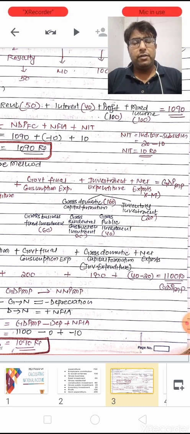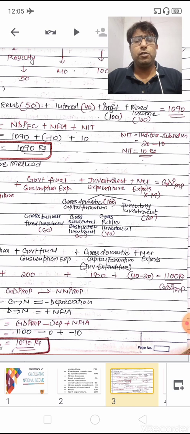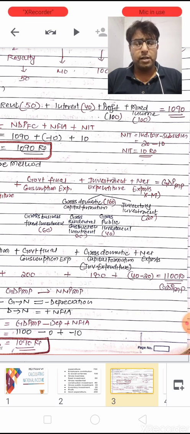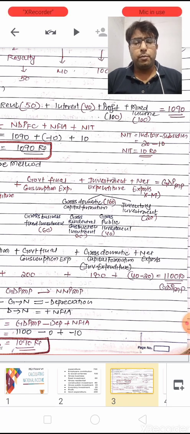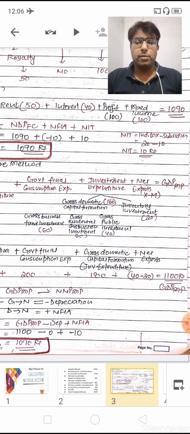If you have learned the concept in all the previous videos of estimating the expenditure method, I have explained everything briefly, that gross domestic capital formation is again classified into three categories, and these categories are gross business fixed investment, gross residential construction investment, and at the very last gross public investment.